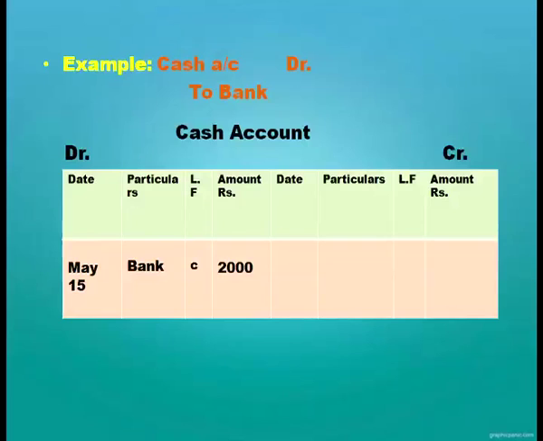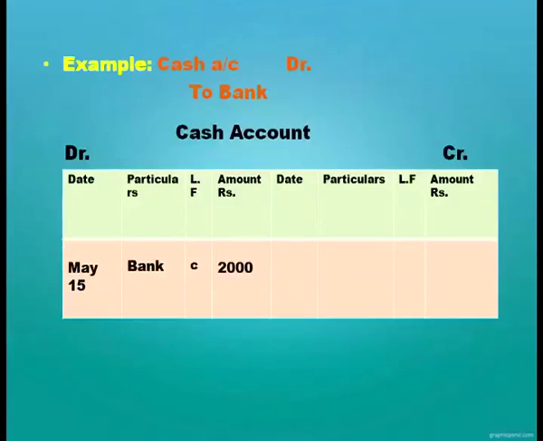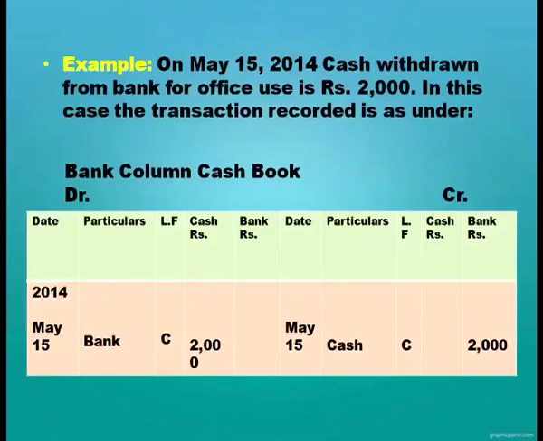This is just to make you think about why I am posting the amount in the cash column. When you are opening the cash book with a bank column, it will be posted on the debit side "To Bank", and the amount will come in the cash column.